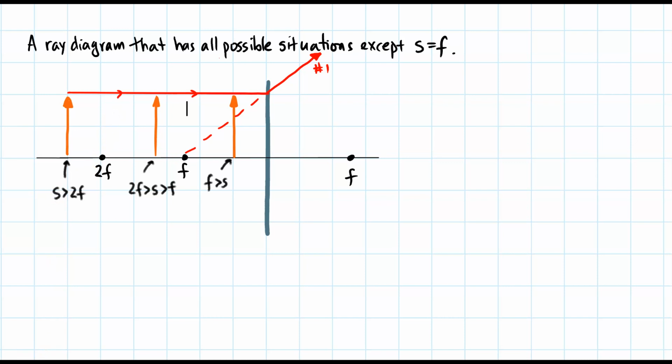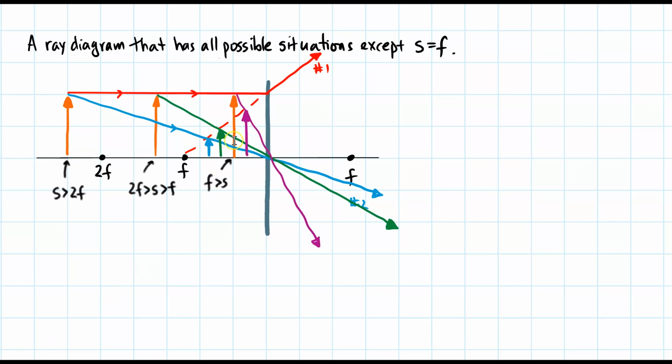Now it's ray number 2 that changes. For ray 2, you could see here that it crosses ray number 1 right here, and therefore produces its image. As the object moves closer to the lens, the green ray here, you could see that I'm going to get a larger virtual image.